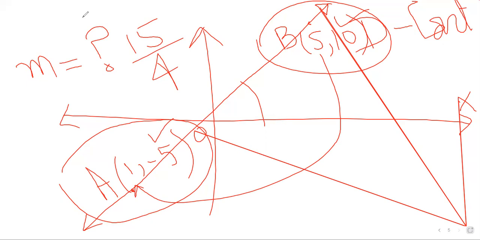Okay, so next is: the equation of a circle in the standard xy coordinate plane is given by the equation. So I will have to write the equation of the circle.